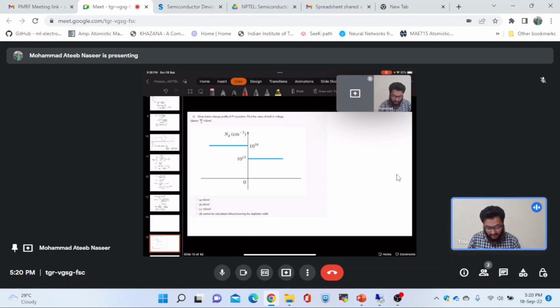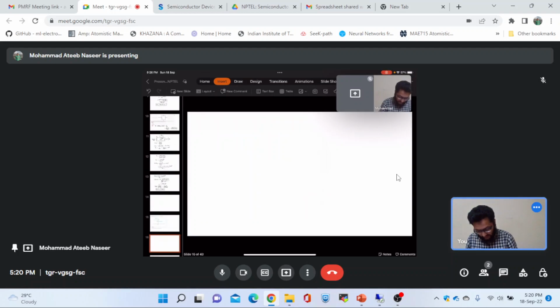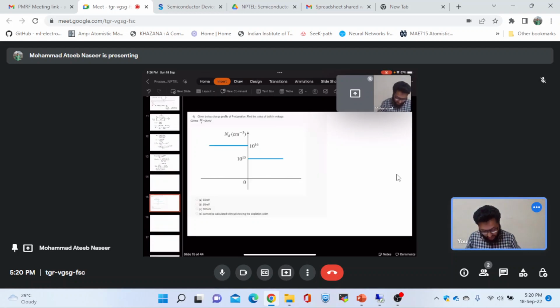Now let us simply solve this problem by using the band diagram concept. Since the left hand side is having high concentration, the Fermi level will be closer to the conduction band in that case, and since the right hand side is having the concentration of 10 to the power 15, the Fermi level will be a bit farther as compared to the left hand side.